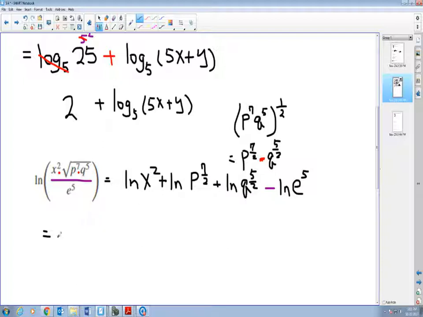So moving to the front, that is 2 times natural log of x plus 7/2 natural log of p plus 5/2 times natural log of q. The last term, natural log and e will cancel out, so that would just be minus 5. Okay?